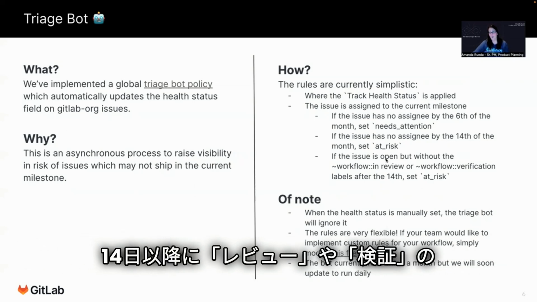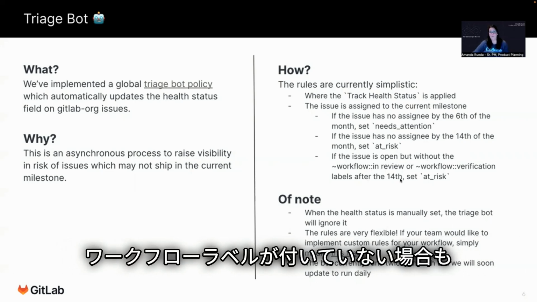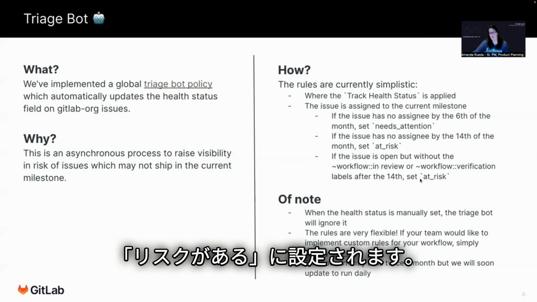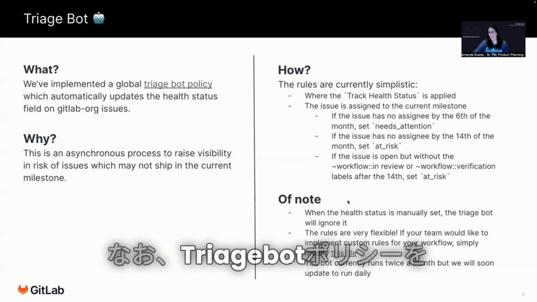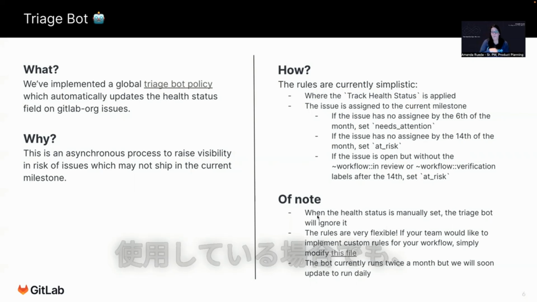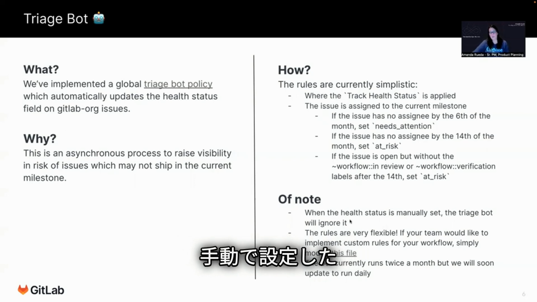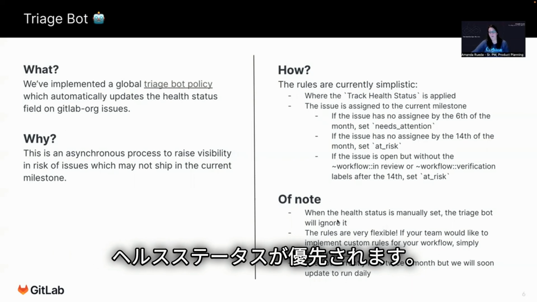And if the issue is open but without the workflow label in review or verification after the 14th, it will also set at risk. So I want to note that if you are using the triage bot policy on your issues and you manually set the health status on an issue, the triage bot will ignore it. So it allows the manual overrides to take precedence.